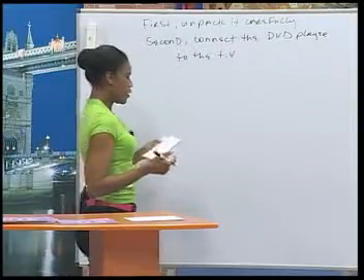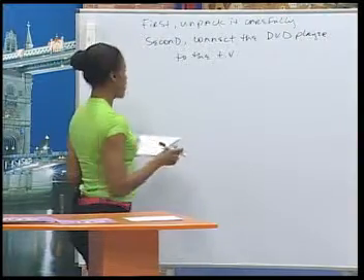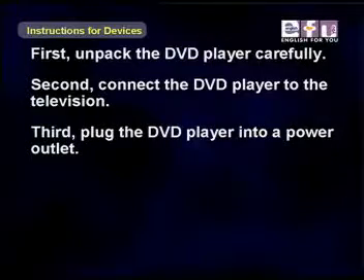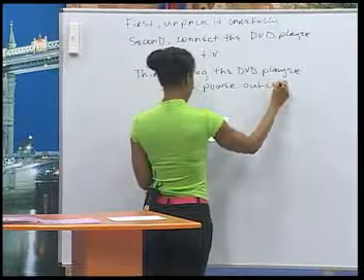All right. Okay, Alberto, I think it's your turn to make a sentence. Yes, it is. Plug the DVD player into a power outlet. Okay. Third, we plug the DVD player into a power outlet. Very good.